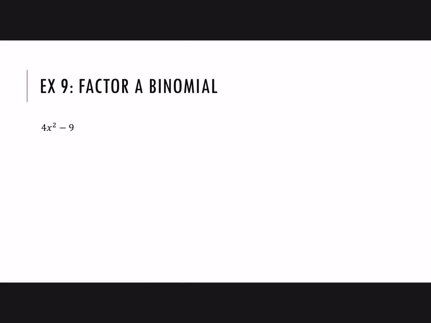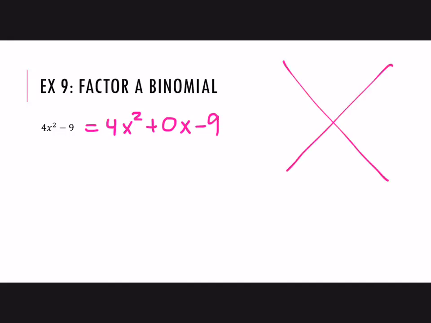Alright, here's another one. 4x squared minus 9. The GCF of 4 and 9 is a 1, so we're just going to use these numbers as they are. Notice that this is, again, a missing middle term, so this is plus 0x minus 9. Multiplying A times C, 4 times negative 9 is negative 36, and we need numbers that add up to be 0.